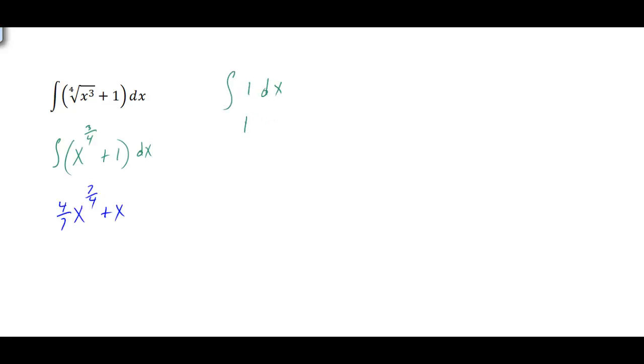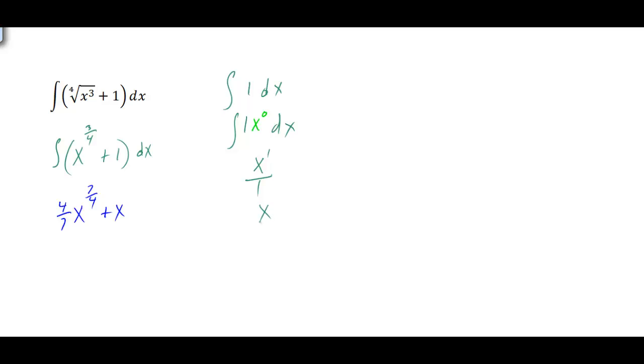You could think of this as 1 x to the 0. And x to the 0 we know is 1, because anything raised to the 0 power, of course, we know that's going to be equal to 1. Well, if you think of your rules here, we're going to increase the exponent by 1. So if we increase the exponent by 1, we're going to get x to the 1st divided by 1, which is simply x.